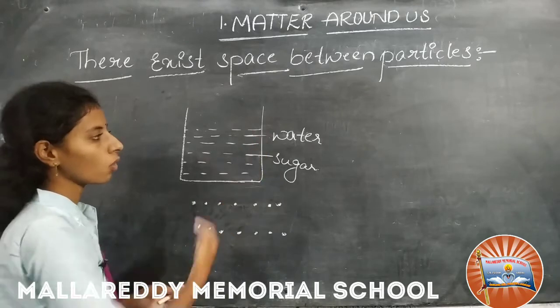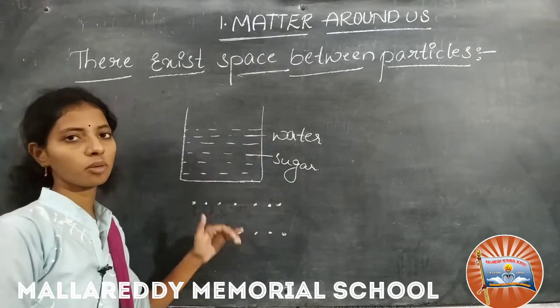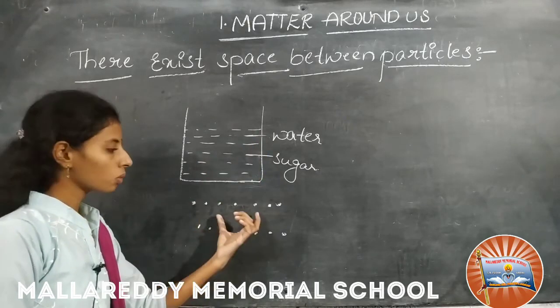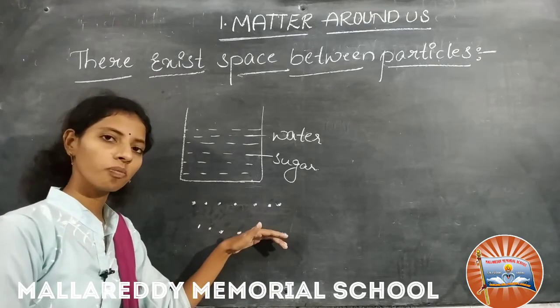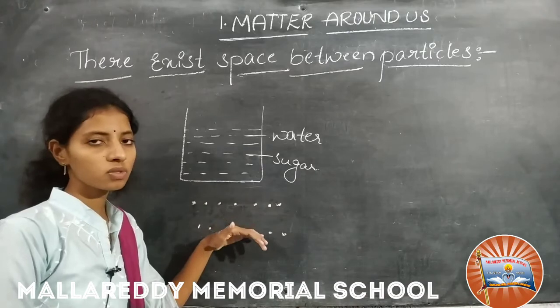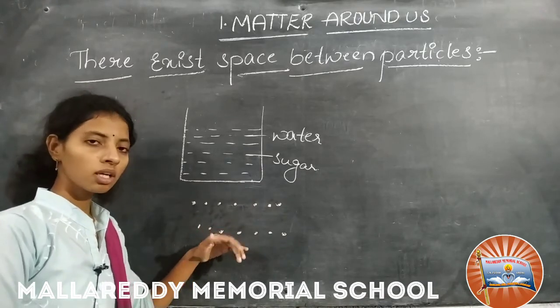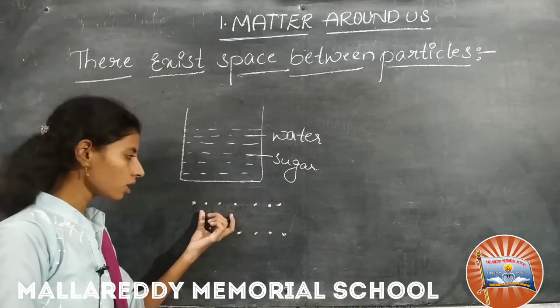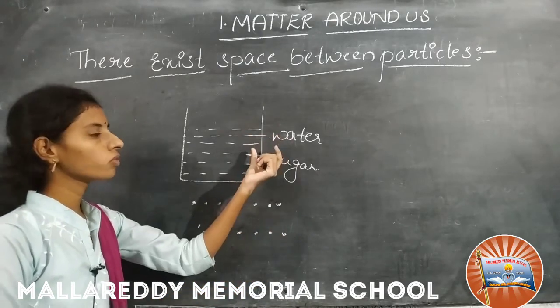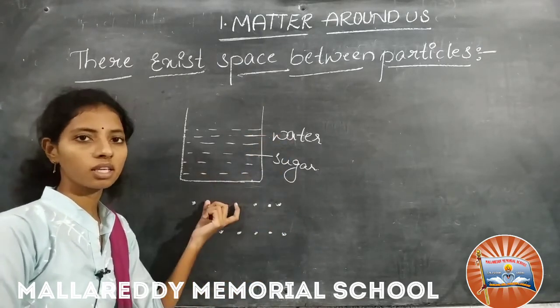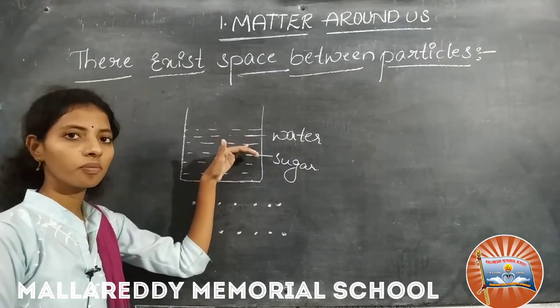That's why the volume of the solution remains the same. So liquids have some space between their particles, and the solid particles we add to the solution occupy that space. So the volume of the solution is not increased, it remains the same.